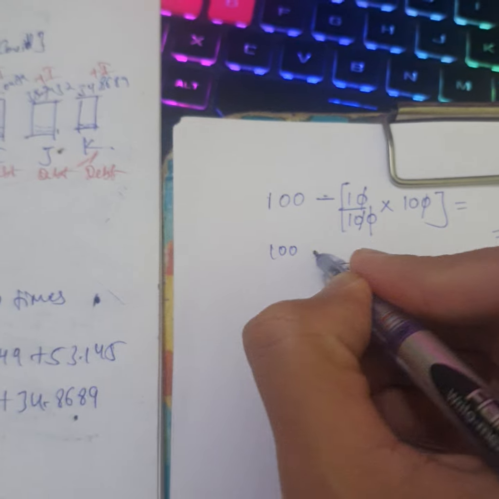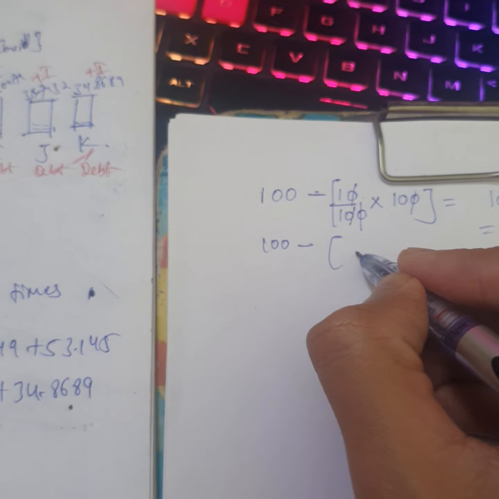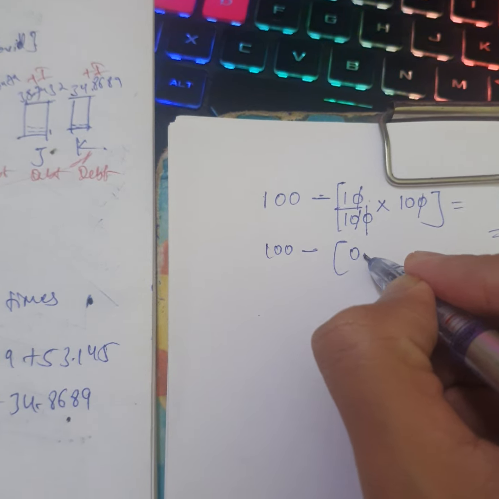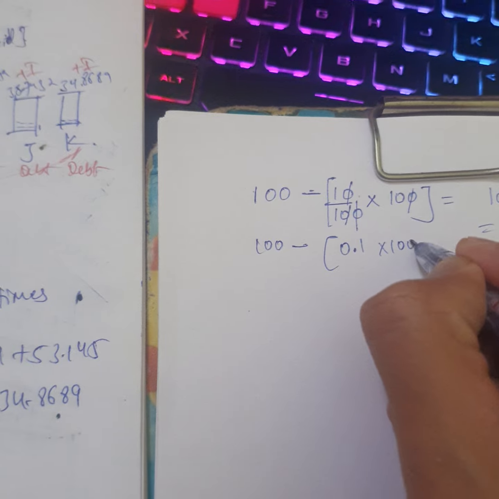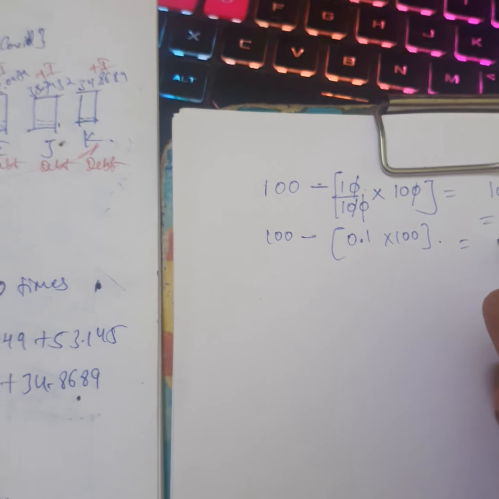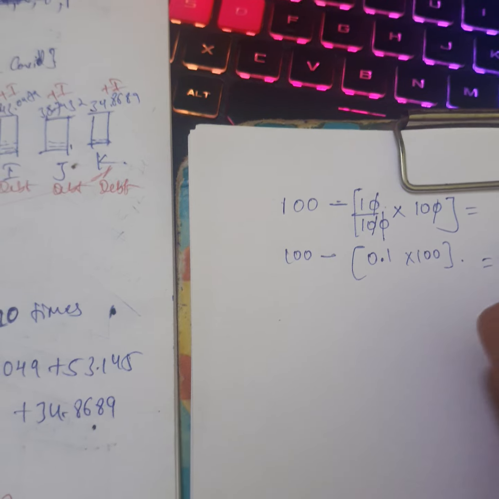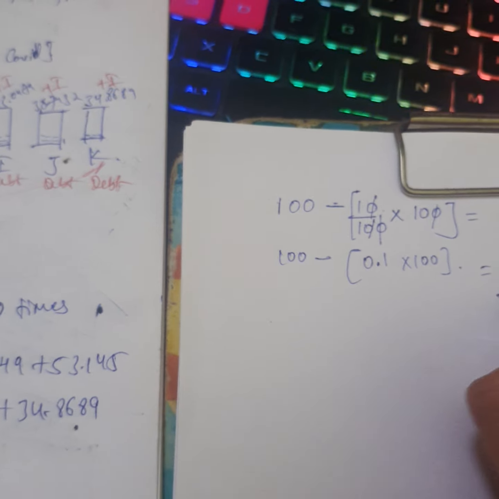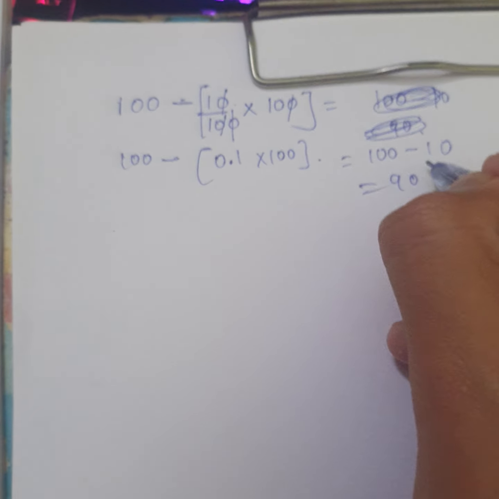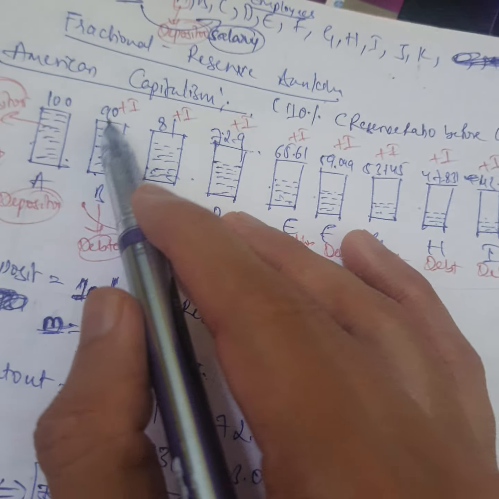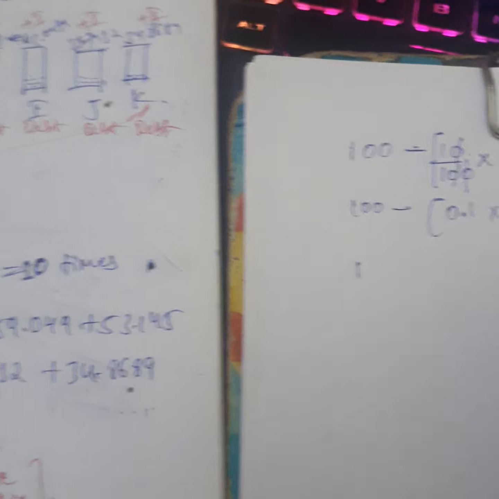Or else you can write 10 by 100 means 1 by 10, which is 0.1 into 100. So that is 100 minus 10, which you can write as 90. This is the first answer, 90.